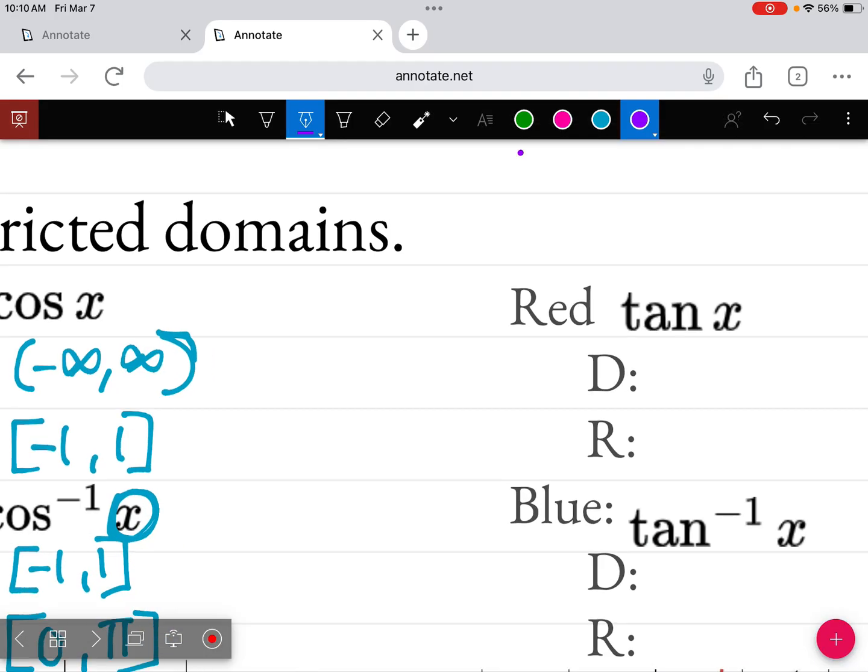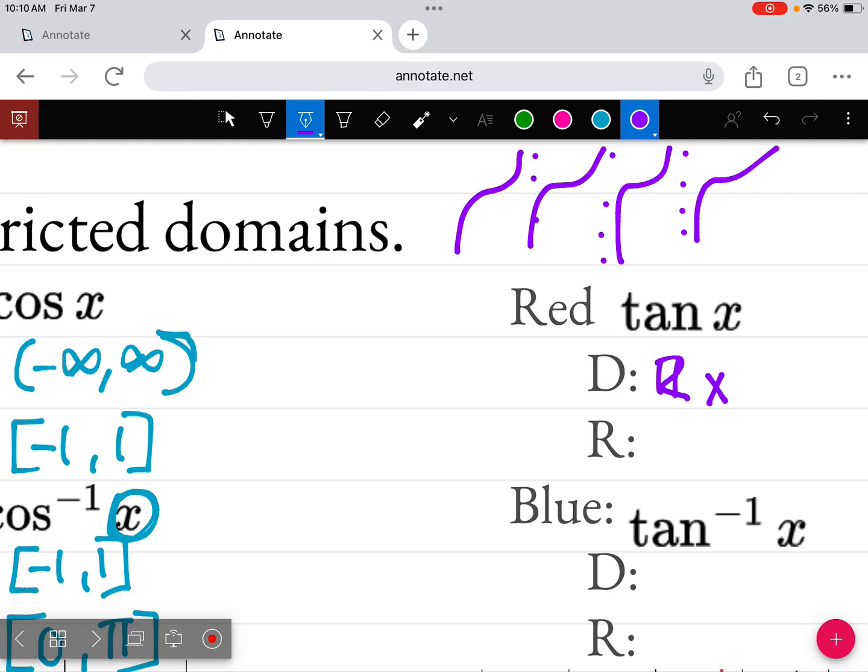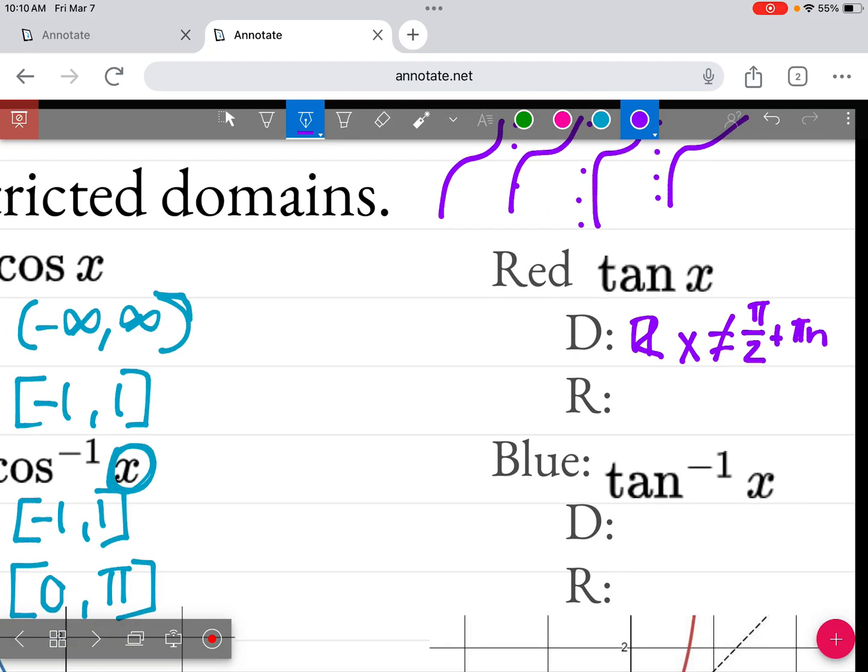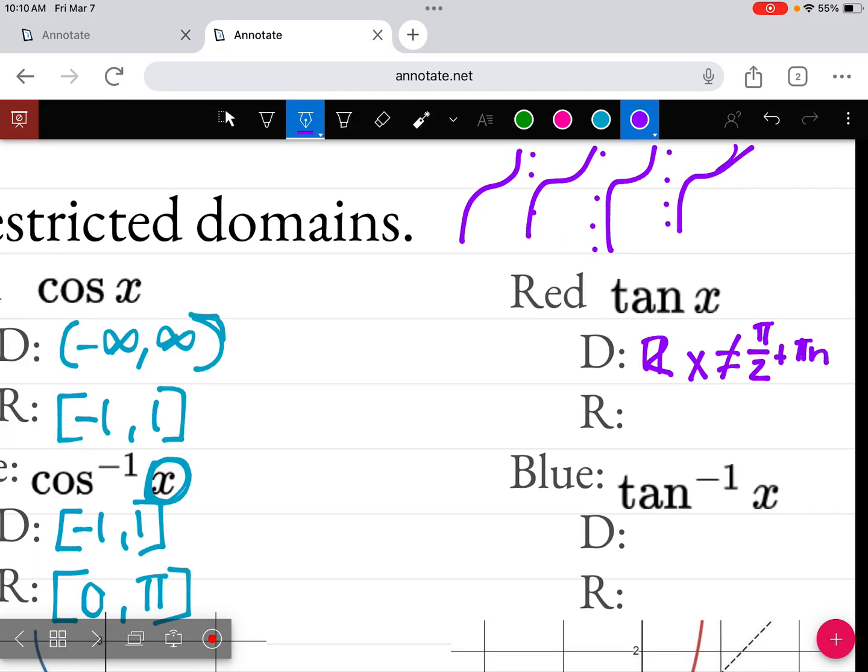Remember, tangent is the one that looks like S curves like this, and we have asymptotes in between. So it's all real numbers except x cannot be pi over 2 plus pi n. What's the range for tangent? All real numbers, from negative infinity to positive infinity.